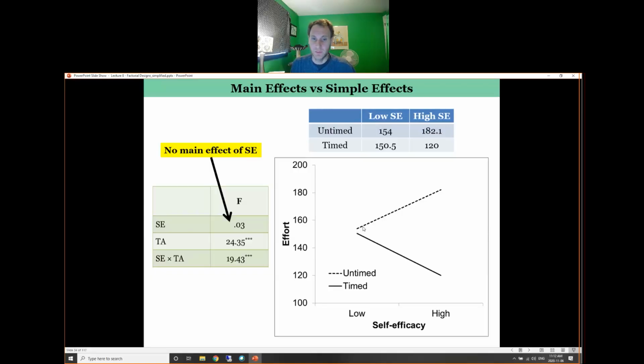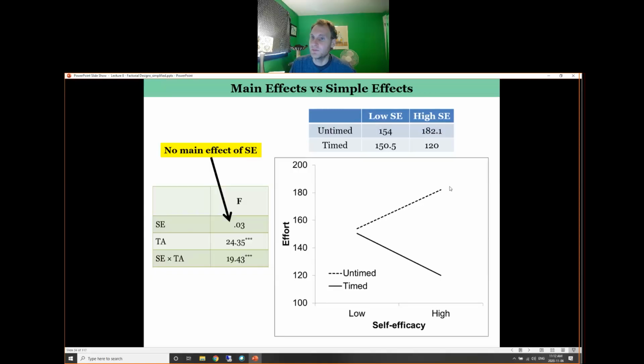When time available is untimed, when you have unlimited time available to you, there seems to be this positive effect of self-efficacy. As self-efficacy increases from low to high, this line is increasing effort.